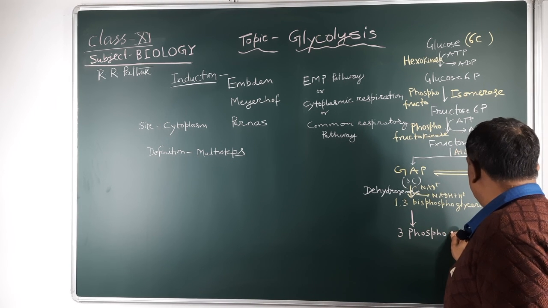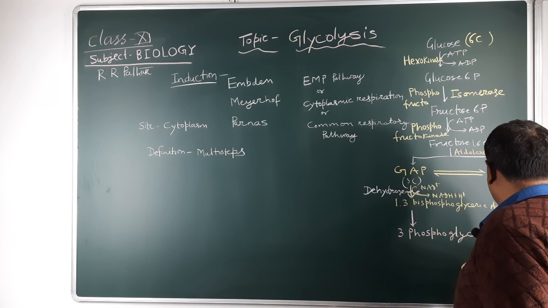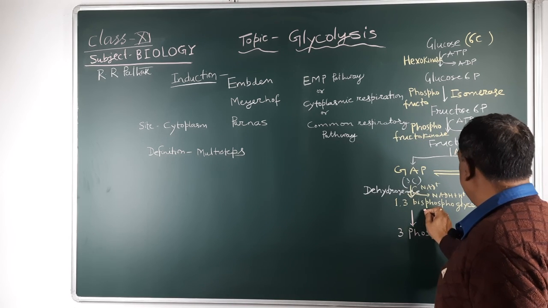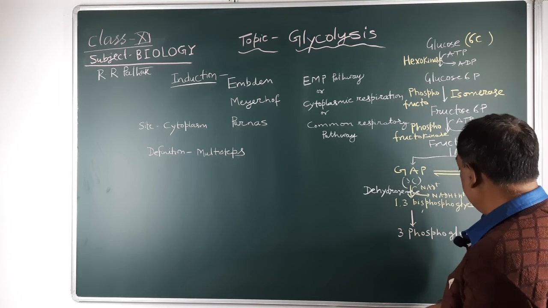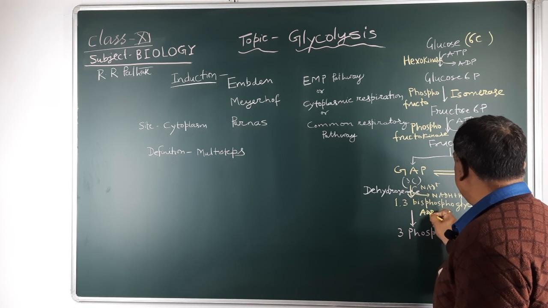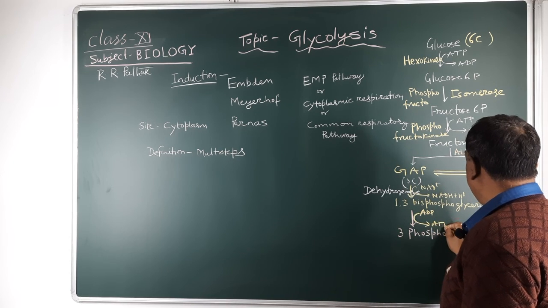3 phosphoglyceric acid to form ATP. Here ADP combined with 1 phosphate to form ATP.